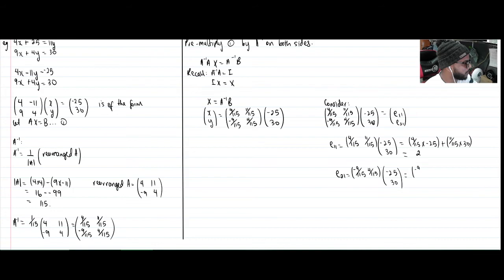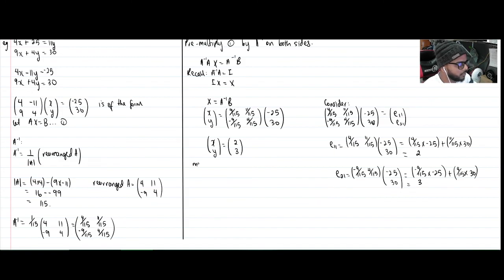First by first, minus 9 over 115 by negative 25, plus second by second, 4 over 115 by 30. Make sure and use your brackets when you're punching these things in your calculators, please. Your brackets make a big difference. I get 3. So I can safely say now that [x, y] is equal to [2, 3].